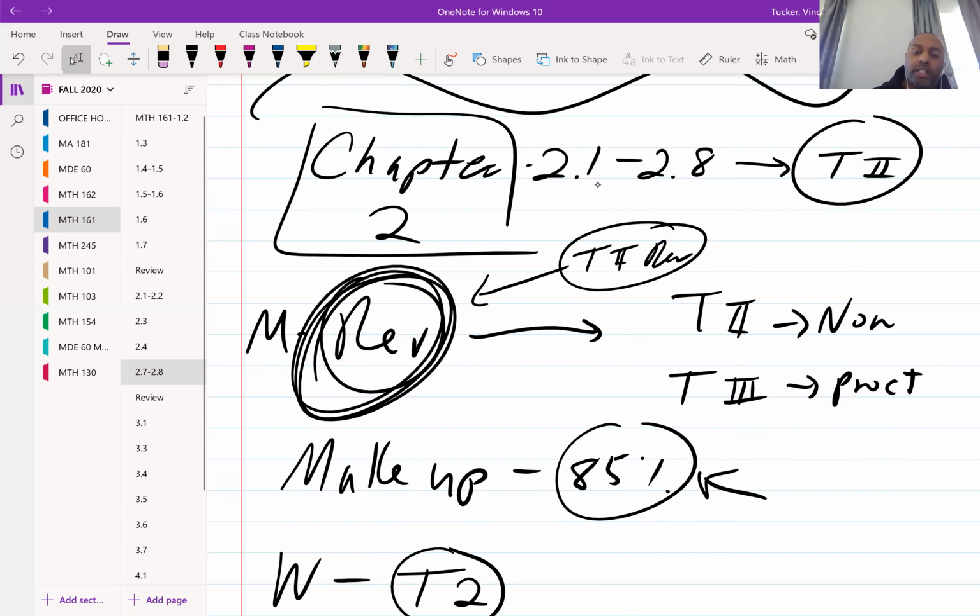So on a regular test, if you were to score 85 or better, there's really no purpose in taking the makeup because the highest you can get is 85. But the makeup will be there. If you miss the test, or if you just say, look, man, I'm gonna fail it anyway, and just don't show up, that's on you. That's your prerogative. It'll be a 0 until you do the makeup.